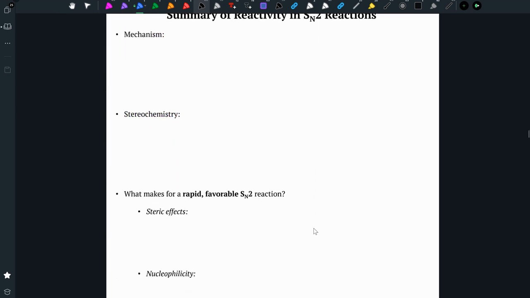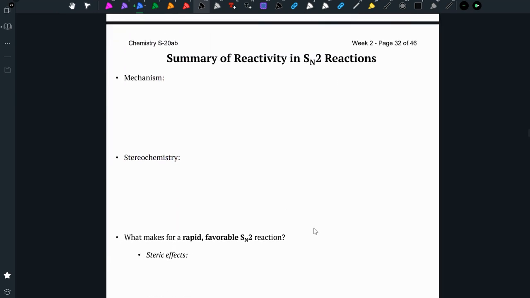All right, let's close by summarizing what we've said about SN2 reactions. So remember, the mechanism involves backside attack. That means you've got your alkyl halide, you've got your nucleophile. It's always just 2 arrows. You have the lone pair donating to sigma star C-Br, or sigma star C-X more generally.